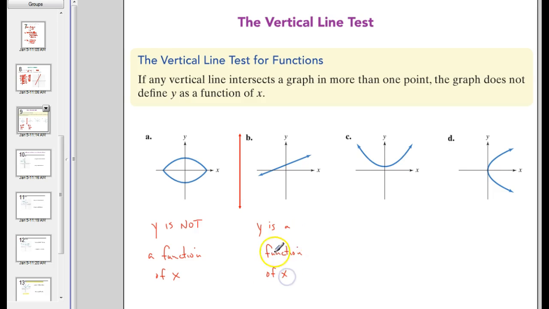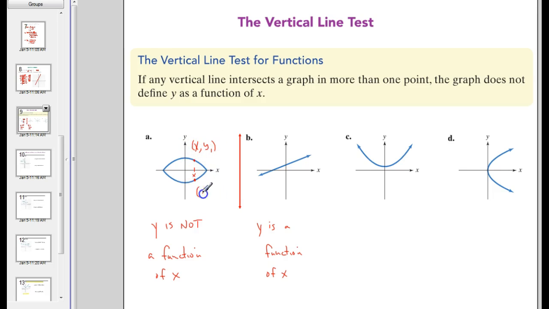Now if you remember, a function is just a relation, which is a set of ordered pairs where one x is not paired with more than one y. And if you think about it here, this is the x. There's an x value, and it's paired with this y, and it's paired with this y. So we have up here that x and one y, I'm going to put y with a little 1 subscript.